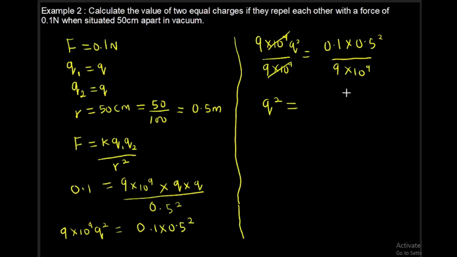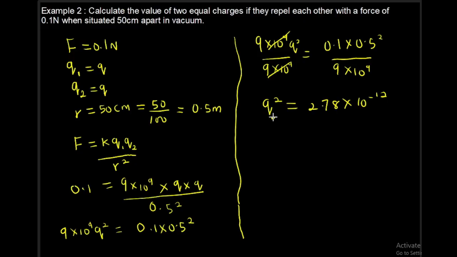We have 0.1 times 0.5 squared divided by 9 times 10 raised to the power 9. That will give us 2.78 times 10 raised to the power of minus 12.